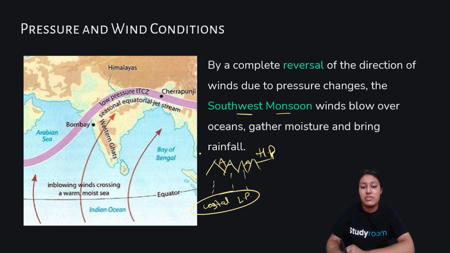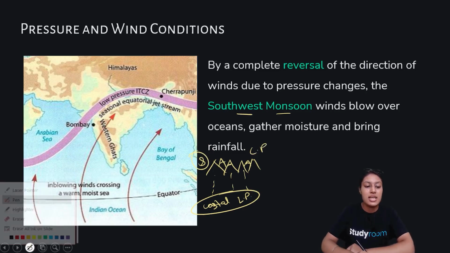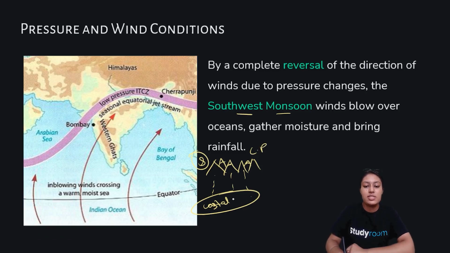Now this happens in winter, but in summers the situation is a little different. What happens in summers? In summers there is low pressure in this area, and this area has high pressure. The coastal areas release high pressure.